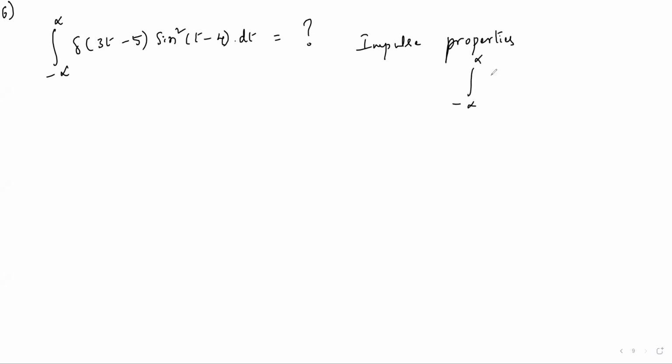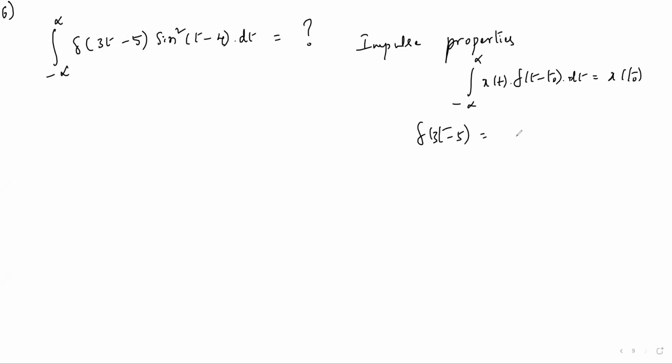Shifting property can be used here. The integral of x of t delta of t minus t naught equals x of t naught. First we need to get the t naught value. He has given delta of 3t minus 5.